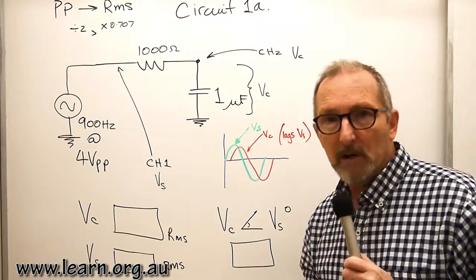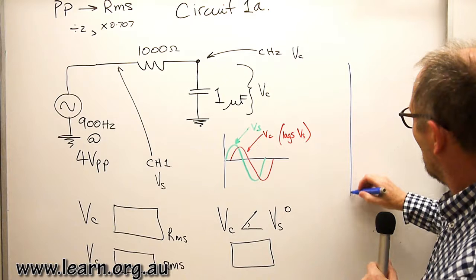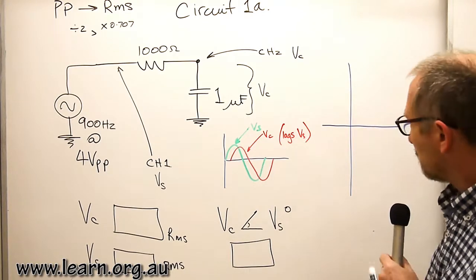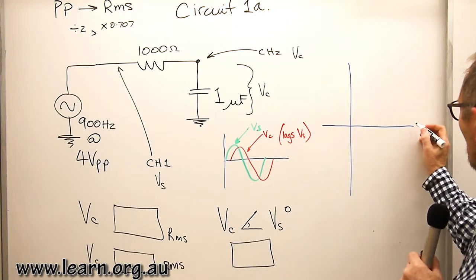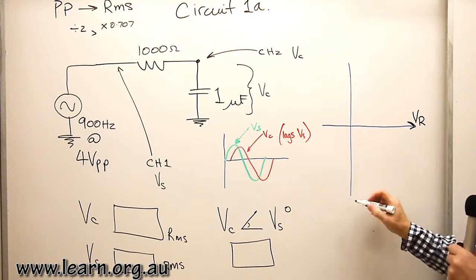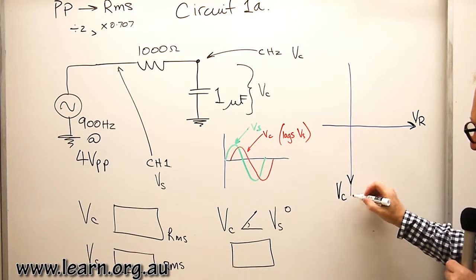Now, if I draw a phasor diagram for this, and we label the axes, this would be VR, this would be VC.